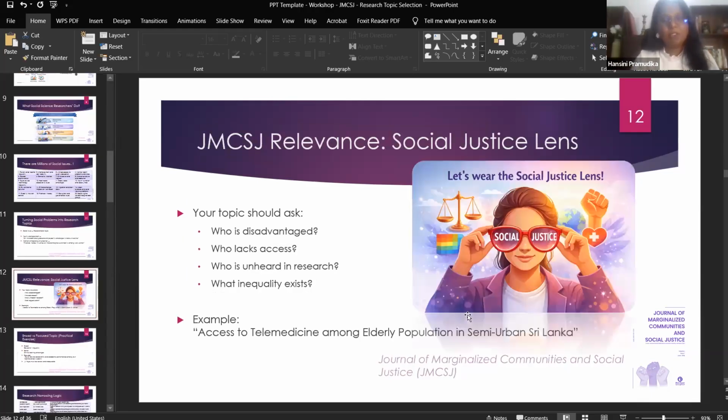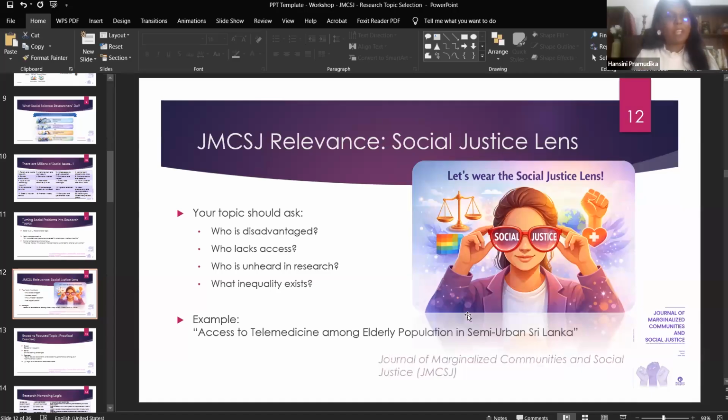JMCSJ relevance, social justice lens. I told you about that with the previous slide. You have to wear a social justice lens. Then you can think differently, and you can contribute to the society and you can gain something as well. It's mutually beneficial, right?